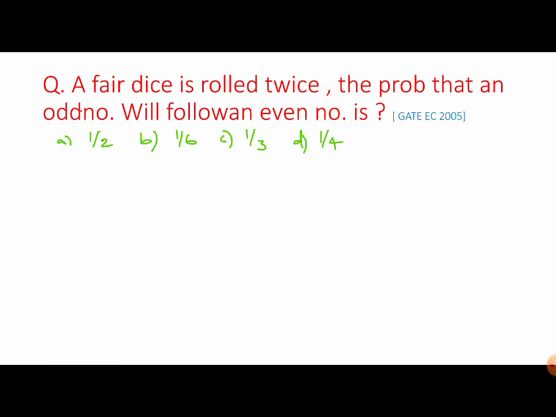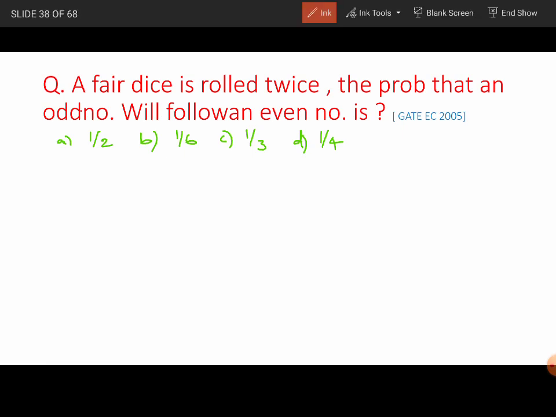Next question. A fair dice is rolled twice. The probability that an odd number will follow an even number is. See here, an odd number should follow the even number. So the first die will have 2, 4, 6, and the second die an odd number, so 1, 3, 5.